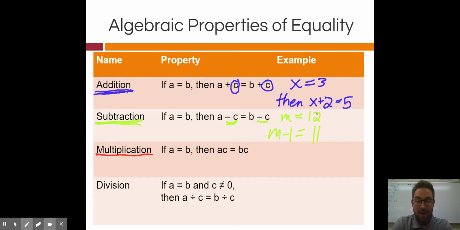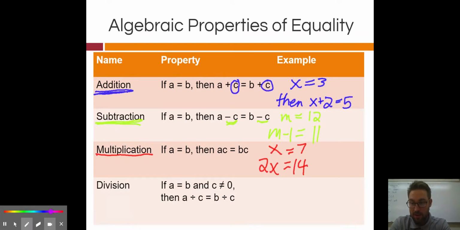If I have A equals B, then A times something equals B times that same thing. So if I say x equals 7, then 2x equals 14 is true because I'm multiplying both sides by 2.